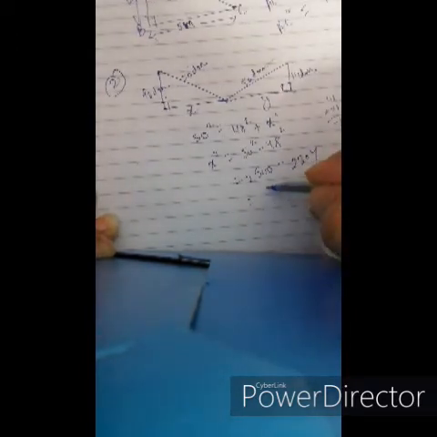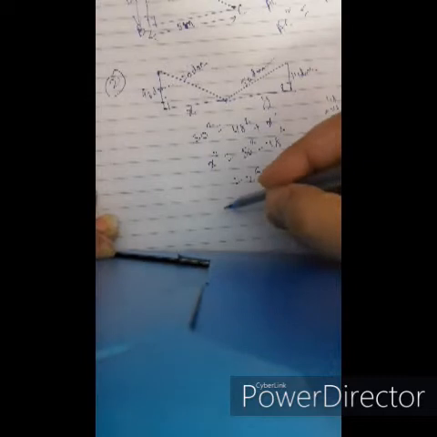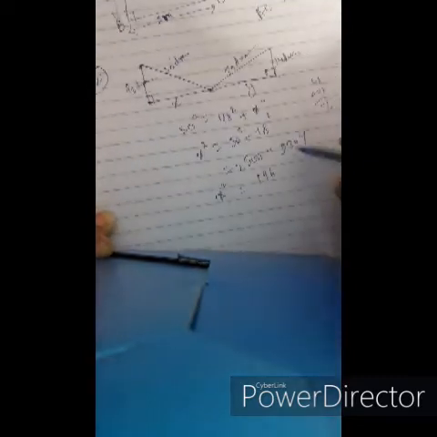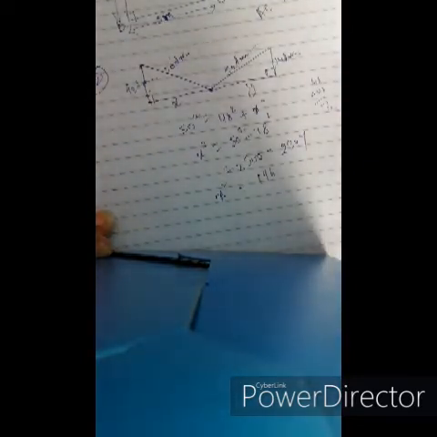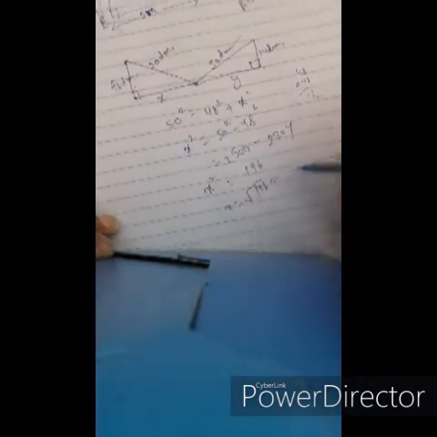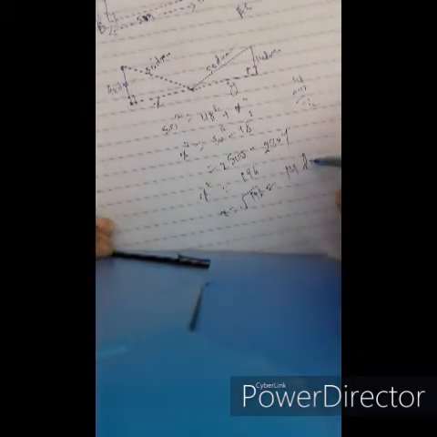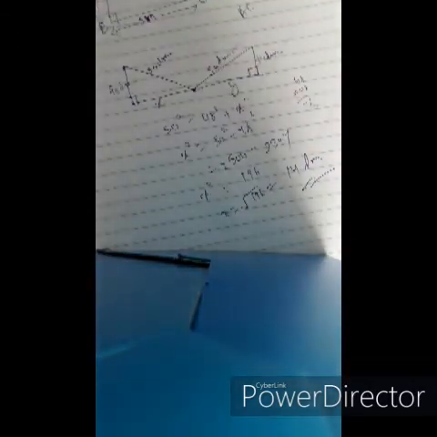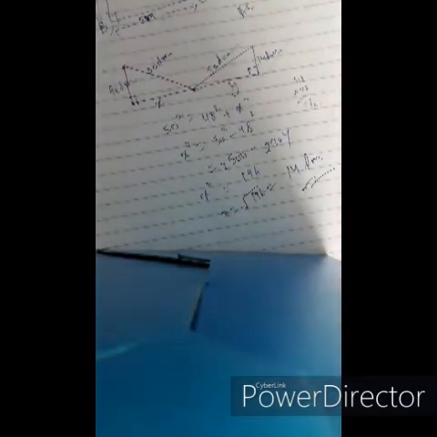That becomes 196. X square becomes 196. So x is root under 196, that is 14 decimeter. We have got the value of x.